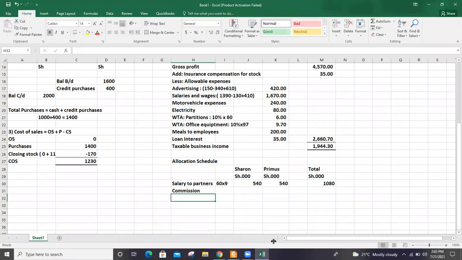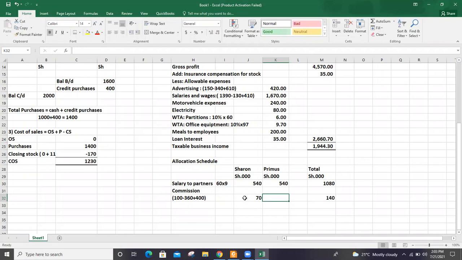So during the year, we paid commission of 100. We subtract the accrued commission at the beginning of 360, then we add the accrued commission at the end of 400. So the total commission for the year is 140. We are told that they shared equally, so it's 70.